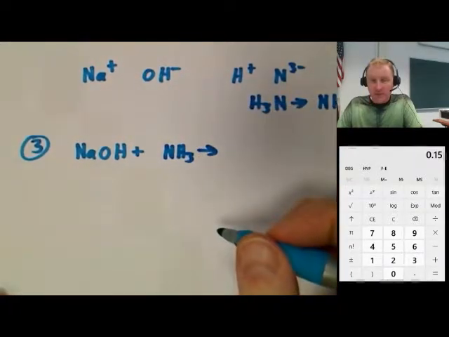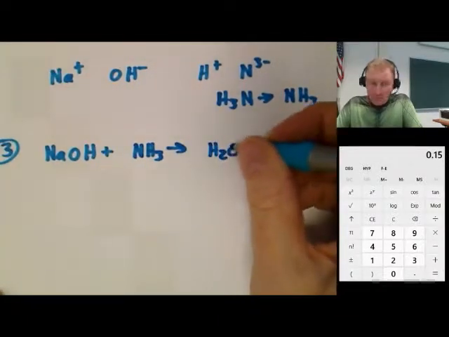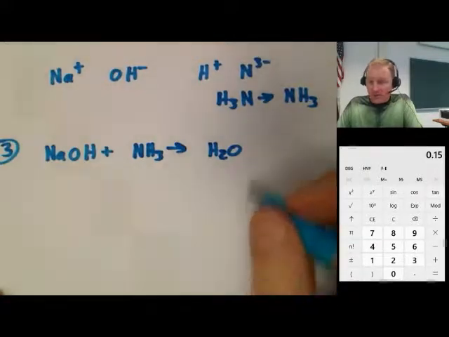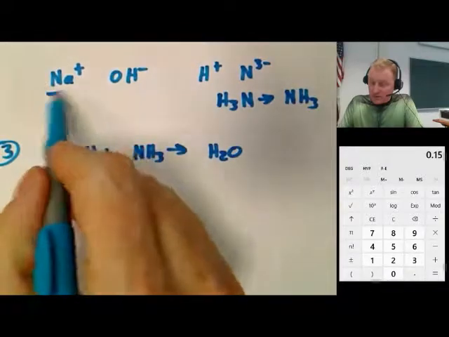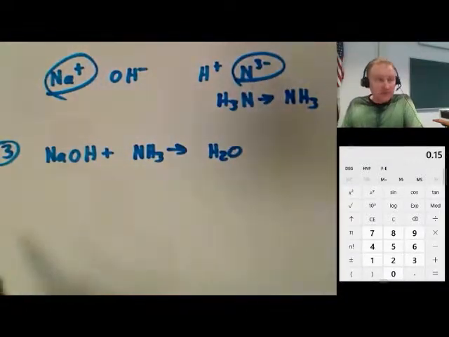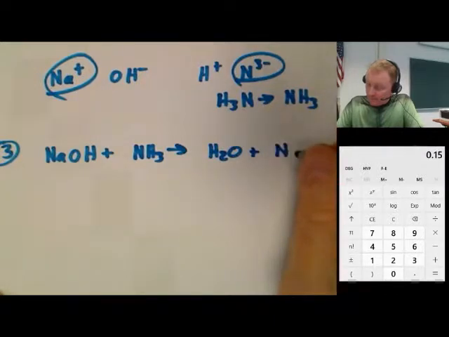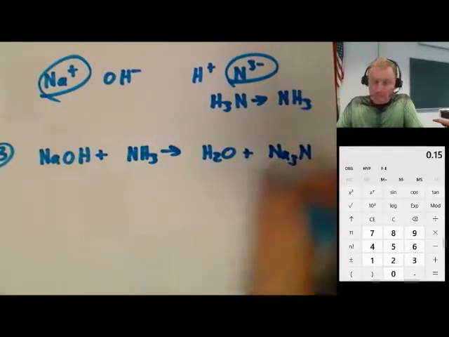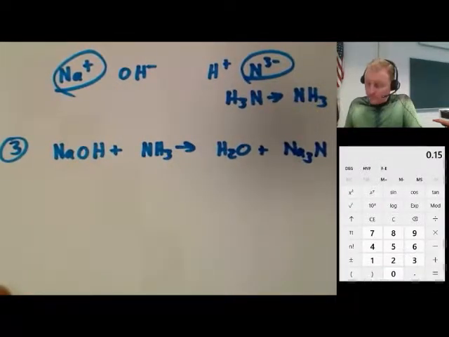So plus ammonia yields how many moles of water? H2O. And sodium nitride. Sodium nitride would be sodium and nitrogen, so there would be 3 sodiums per nitrogen. Okay, so this is our balanced equation.